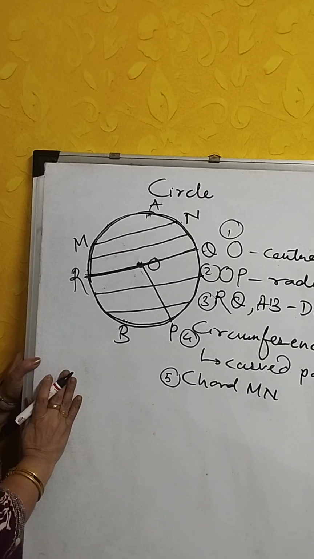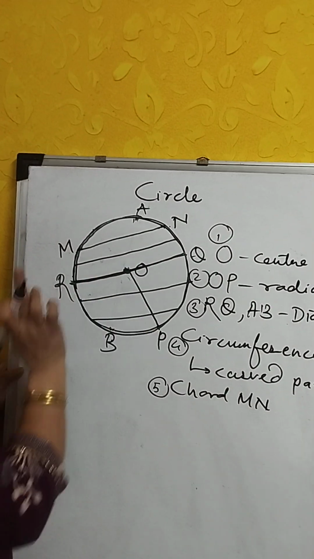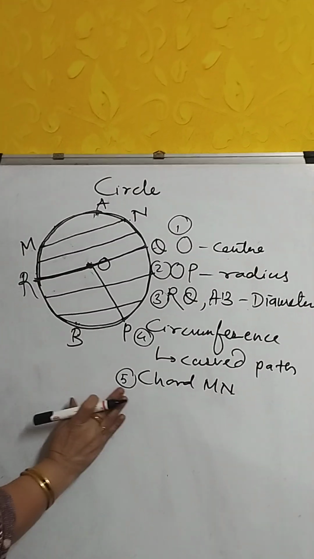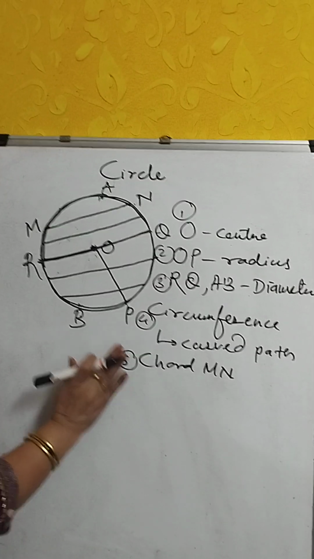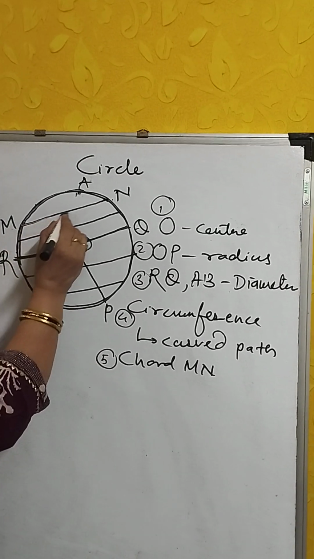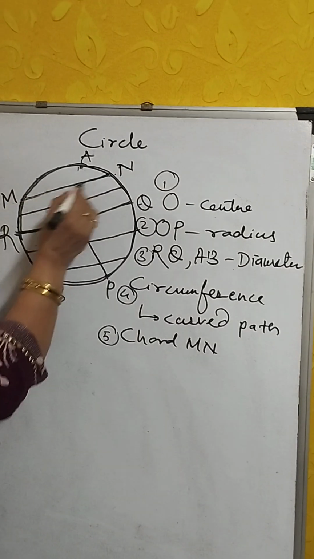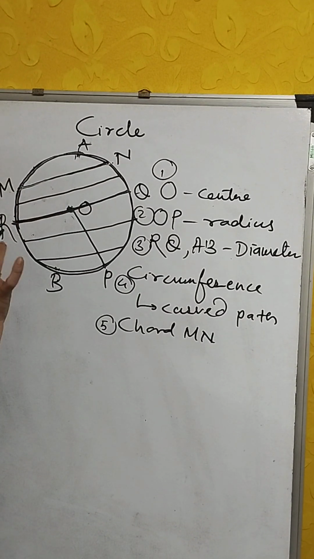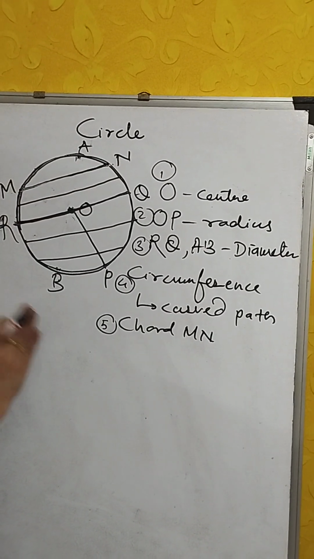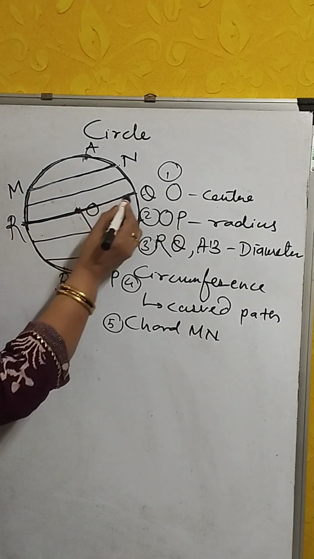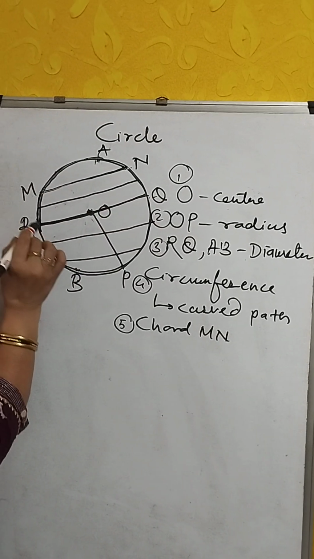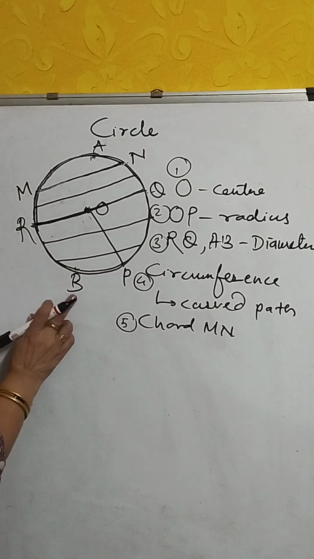Diameter is the longest chord, remember. Chord means, I repeat, a chord is a segment whose end points are on the circumference, and diameter is a chord, but it is the longest chord of the circle. Are you getting it?